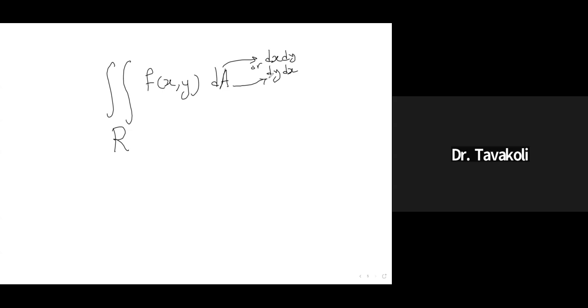But what if R is part of a circle, or in general, a round region? Then it's very helpful to use polar coordinates, because rectangular coordinates in some cases would be very complicated.